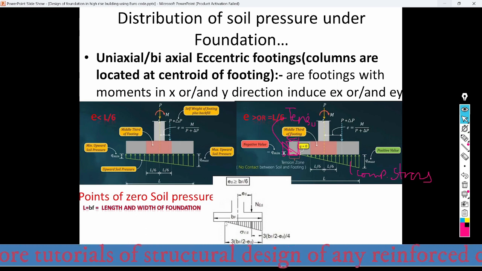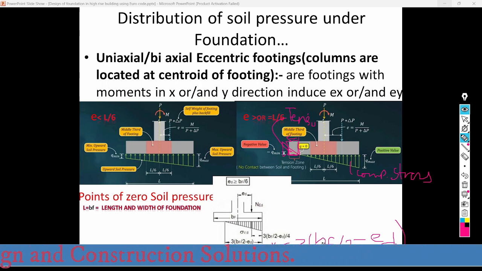Suppose this distance is x. So x equals 3 times the width of the foundation or length of the foundation over 2 minus ED, where ED is the eccentricity distance.